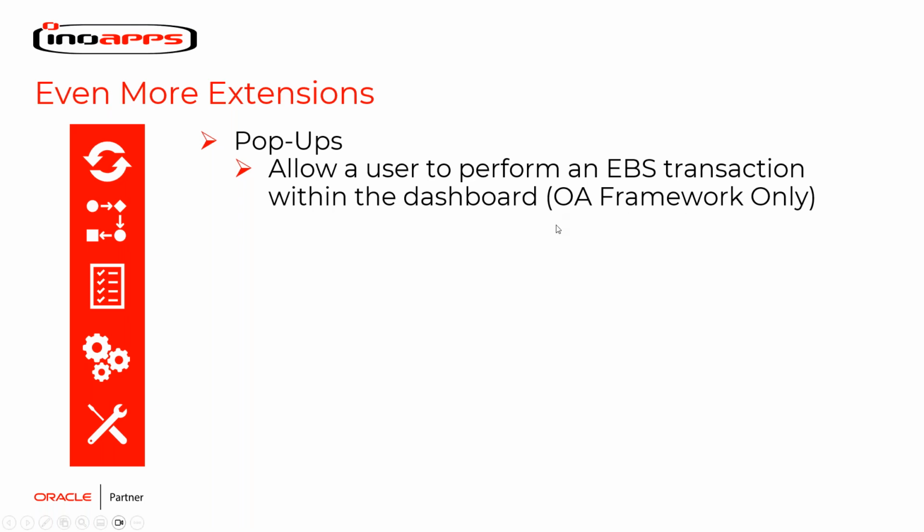If you have something tied to your command center that can be accessed via a web page rather than a Java form, the pop-up allows you to click on the hyperlink. It'll pop up a dialog box where you can maintain that transaction in real time. Okay?